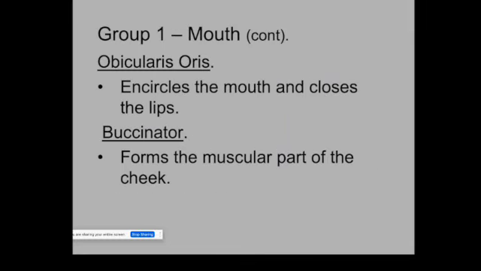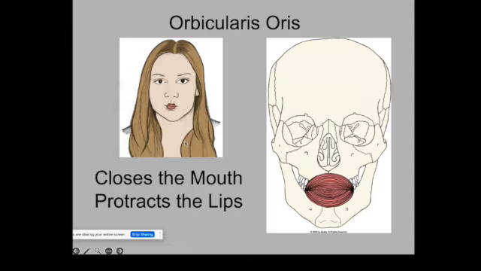And we've got a few more centered around the mouth. The big one is the orbicularis oris. Circles the mouth and closes the lips. And part of the cheek, the muscular part of the cheek, is the buccinator. So here's the orbicularis oris. Closes the mouth and protracts the lips. And I always say, if you're going to give somebody a smooch, we are using our orbicularis oris.